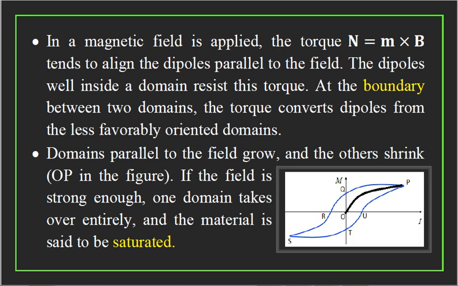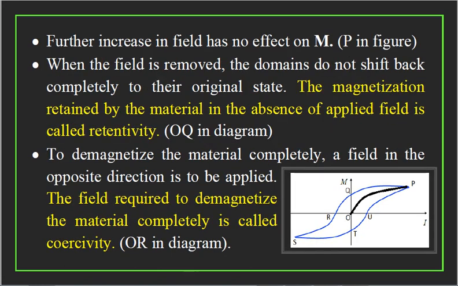That is, all the regions are aligned into a single domain and the material is now said to be saturated. Now if we increase the magnetizing field, we cannot get any increase in magnetization because already all dipoles are aligned in the same direction. Now if we decrease the magnetic field, what happens?